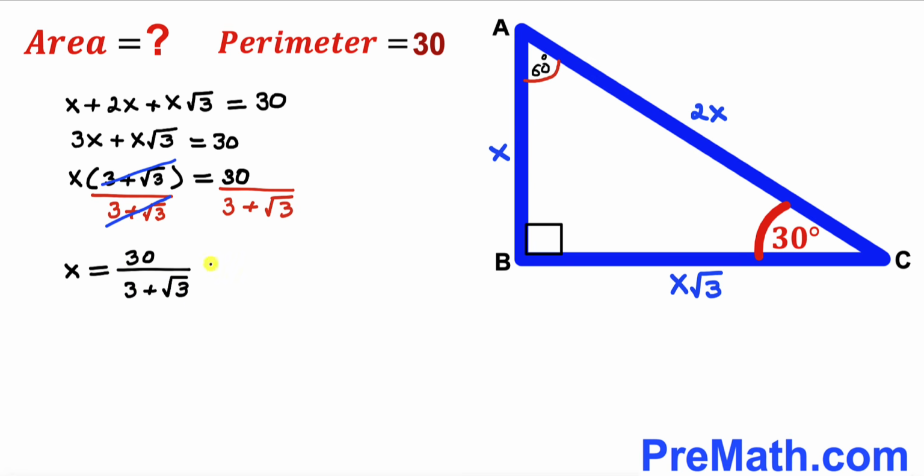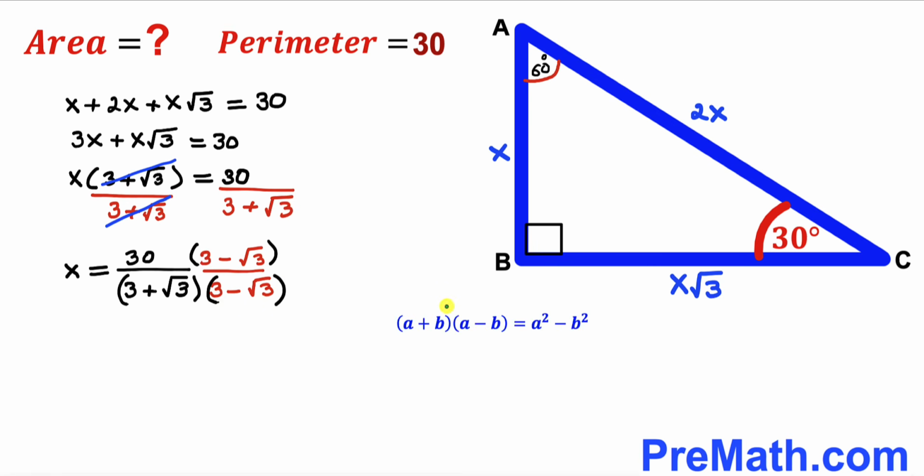Now we are going to rationalize this denominator. So I'm going to multiply by its conjugate, 3 minus the square root of 3, in both the numerator and the denominator. Now I'm going to multiply these numerators, and likewise multiply these denominators.